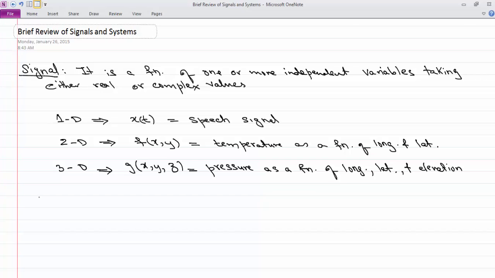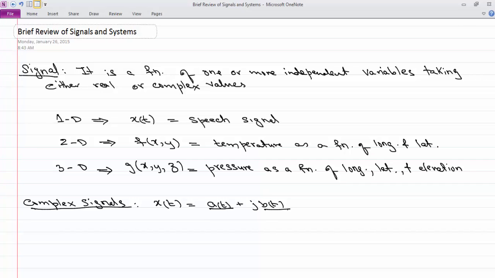Now these are just signals which are given by independent variables, and they take real values. You can also have signals that take complex values. So you can have complex signals. You can, for example, write x of t is given by a real part a of t plus j b of t, right?